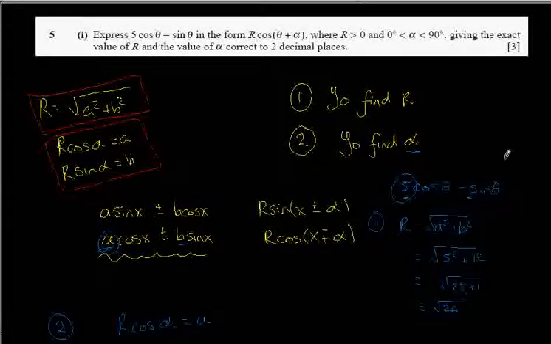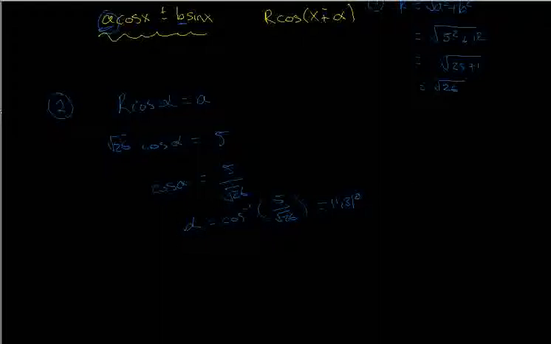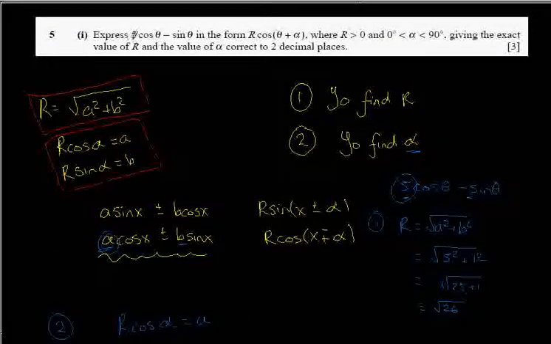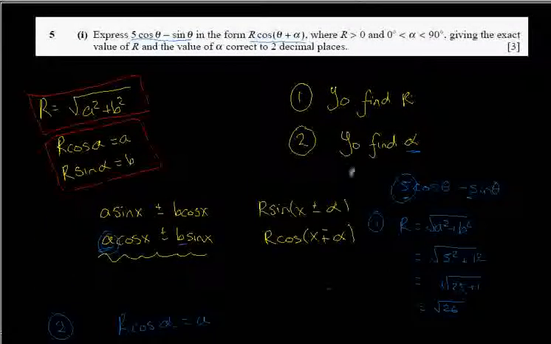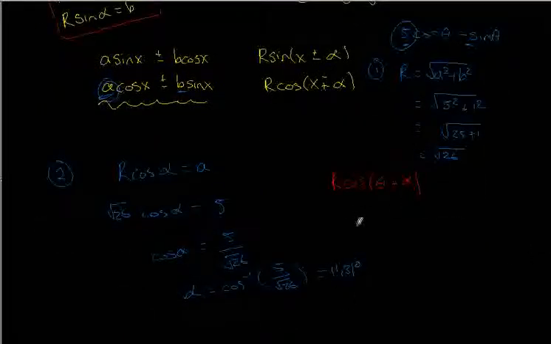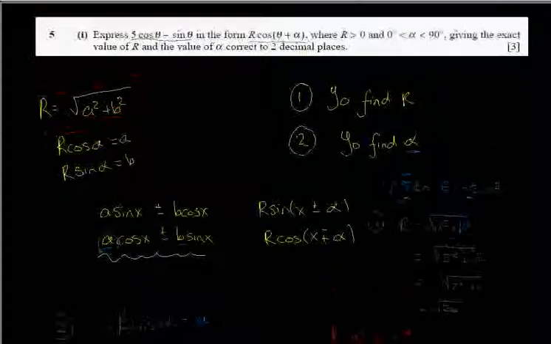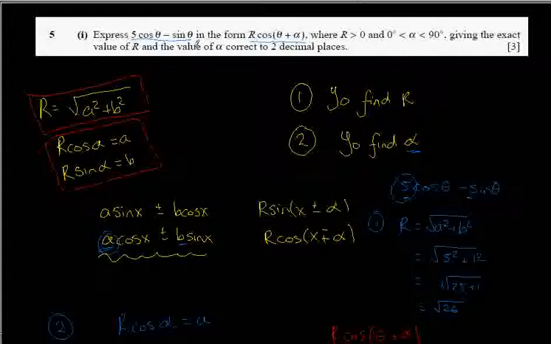So we can rewrite our expression in the form r cos(theta plus alpha). r is the square root of 26, and alpha is 11.31 degrees, so our final answer is the square root of 26 cos(theta plus 11.31 degrees). That is how you would rewrite an expression in terms of r cos and r sine.